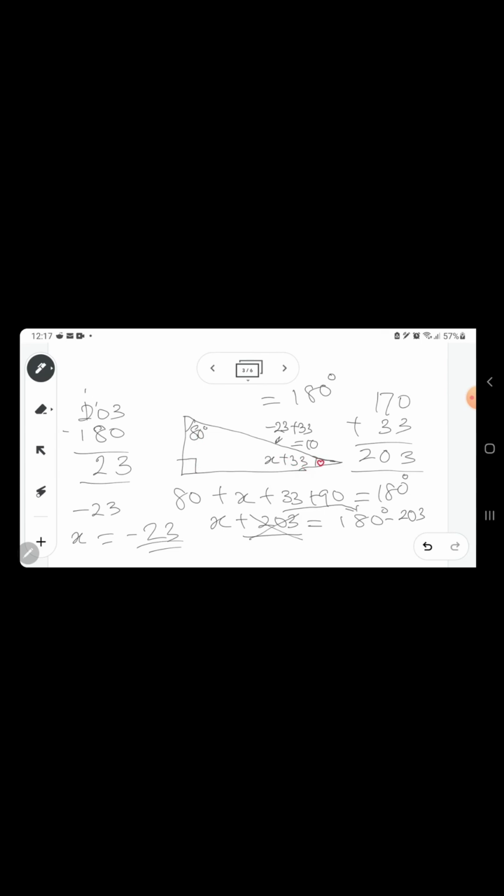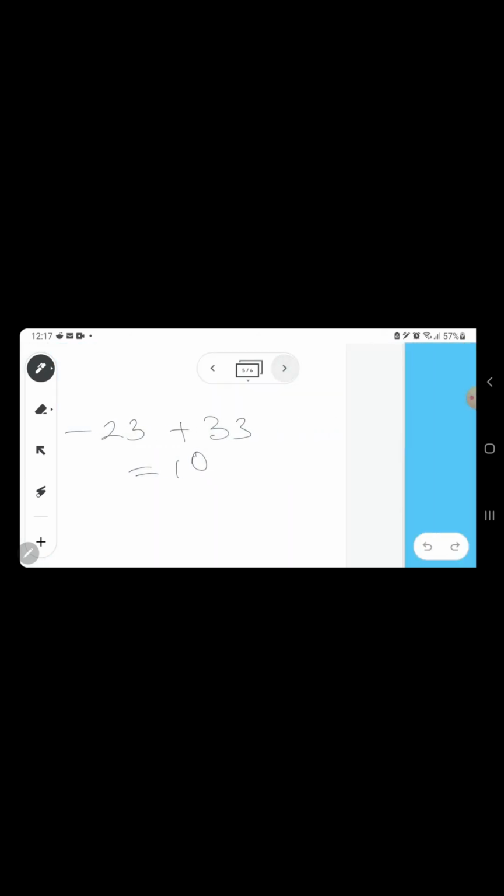Before I go, let me try and work out one question that looks like that, so you can see that it's actually pretty easy. Let's go to the next one.